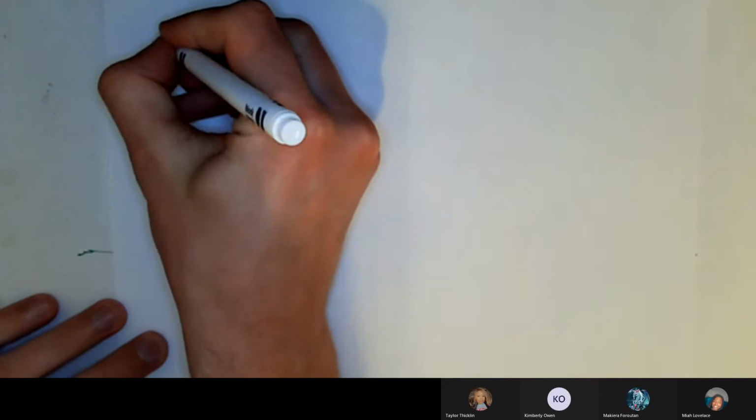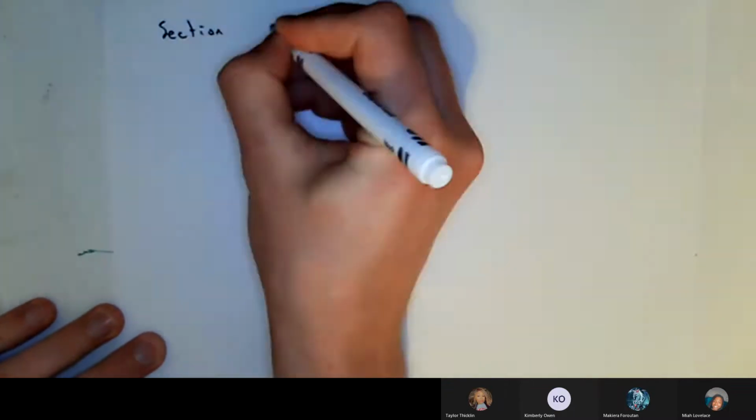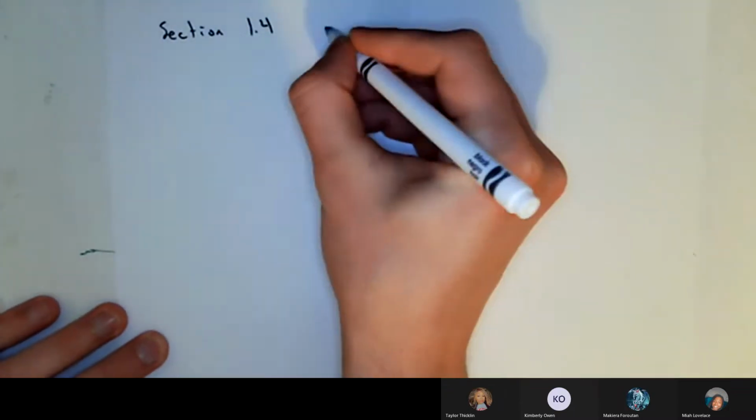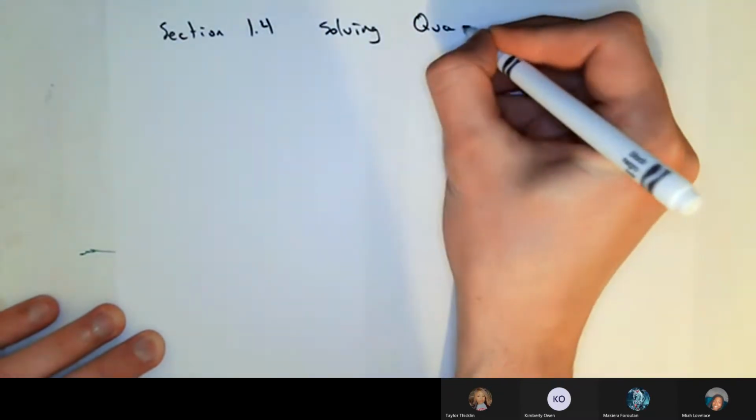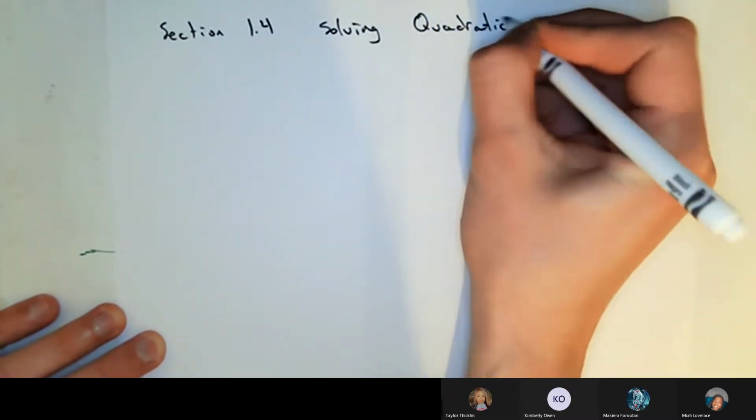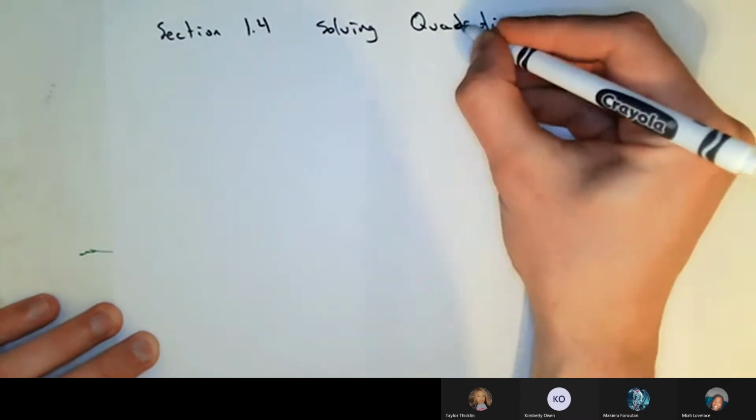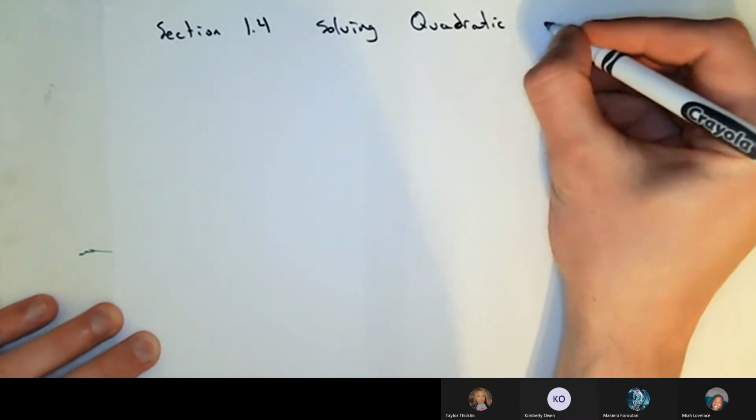Okay, let's talk about section 1.4, which is solving quadratic equations. Well, I actually don't remember exactly what the name of the section was, but what I want you to be able to do is to solve quadratic equations.